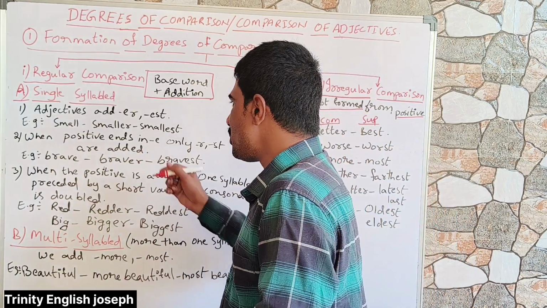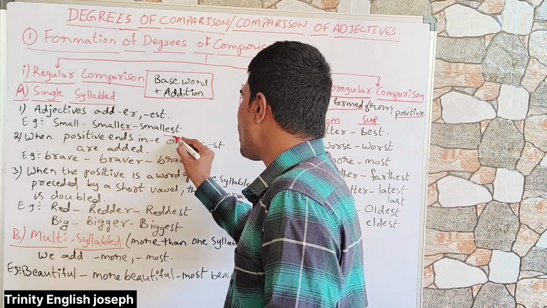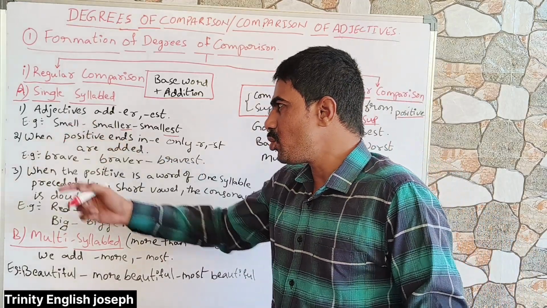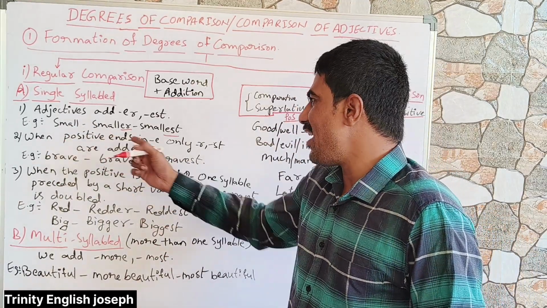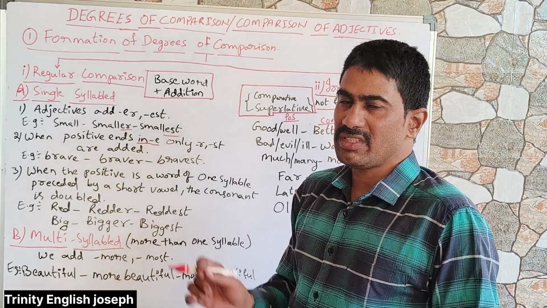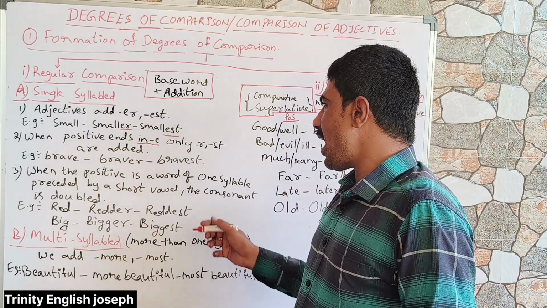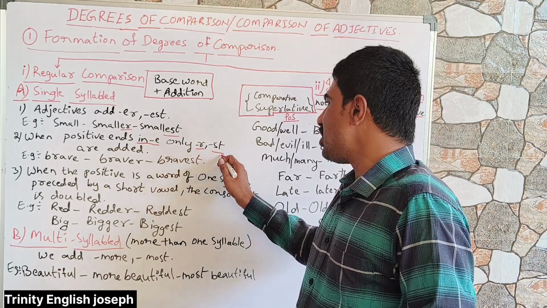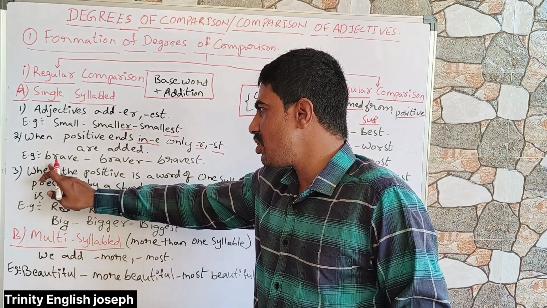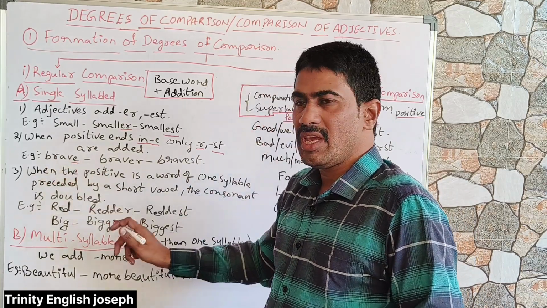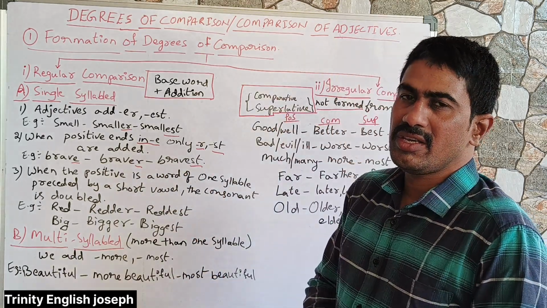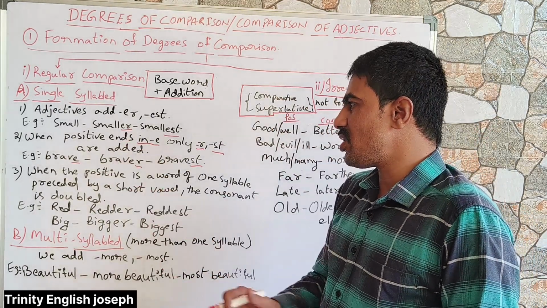Coming to the second rule, when the positive ends in e, so if any adjective is ending with e, we only add r and st. We don't add er and est again. The simple example is brave, it ends with e, and we added simply r and st. We did not add er and est. So this is the second rule.